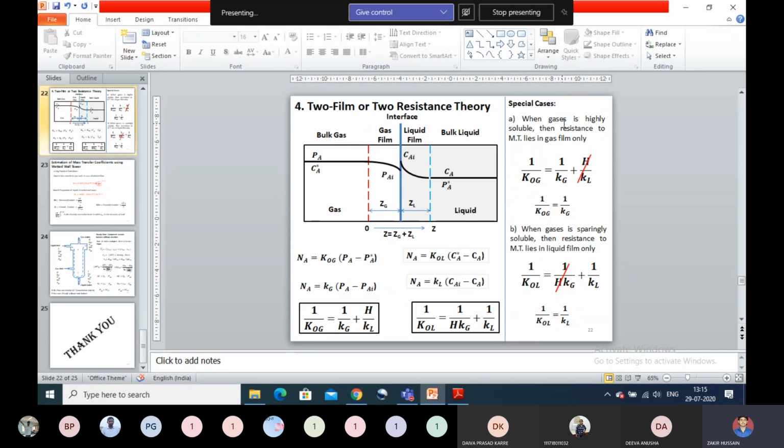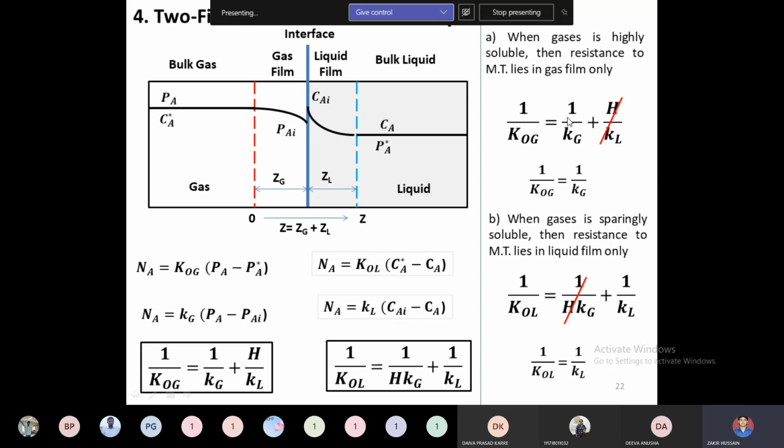Special case one: when the gas is highly soluble, the resistance to mass transfer lies within the gas phase region. Gas is highly soluble means it is highly soluble in the liquid phase, so the liquid coefficient will be very high whereas its resistance will be very small.